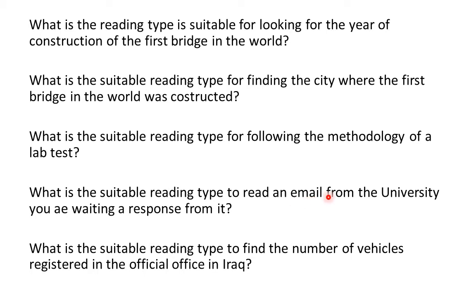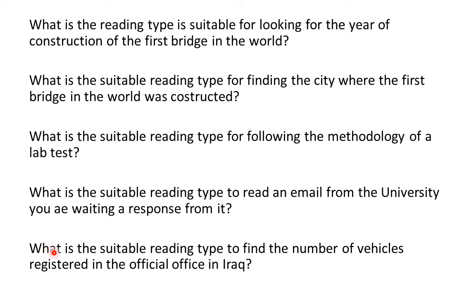Skimming is used to find the email from a specific university. Then, if we find this email, we can use intensive reading in order to read the information or the contents of the email.